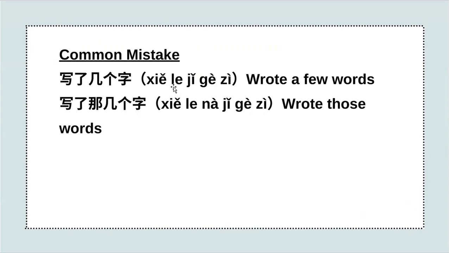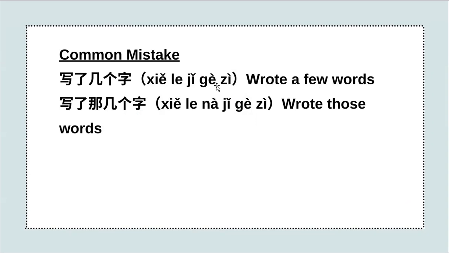If I want to say I wrote, in most common situations we just add a 了. Write already means wrote. Like eat is 吃, so eat already means ate. 吃了 means ate, 写了 means wrote. 几个字.